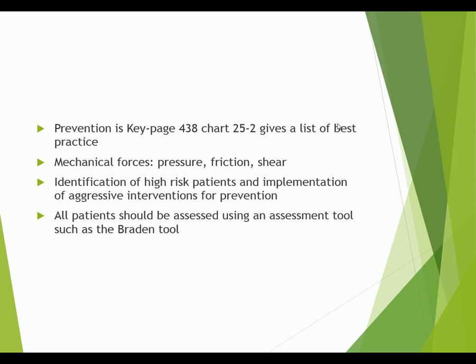And of course we want to keep those linens and the patients dry. Those are two of the biggest things we can do to prevent pressure ulcers. We have the Braden scale on page 439, and most assessment tools in the facilities we go to use some form of that.